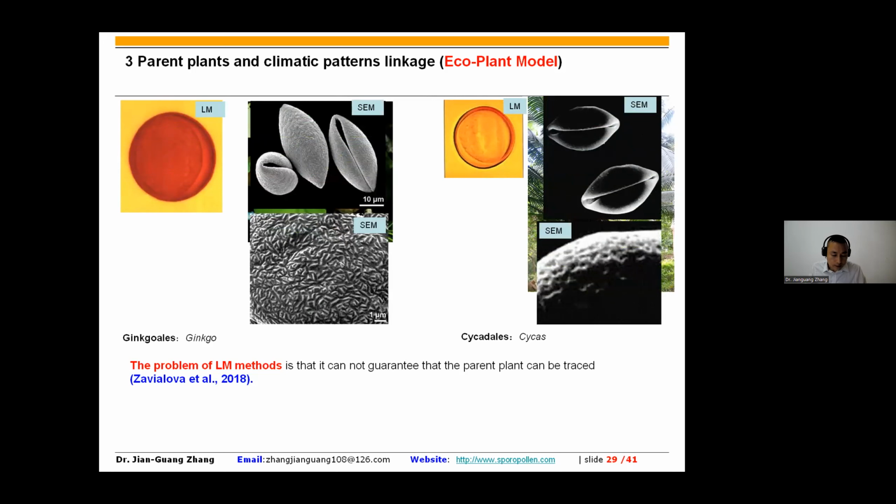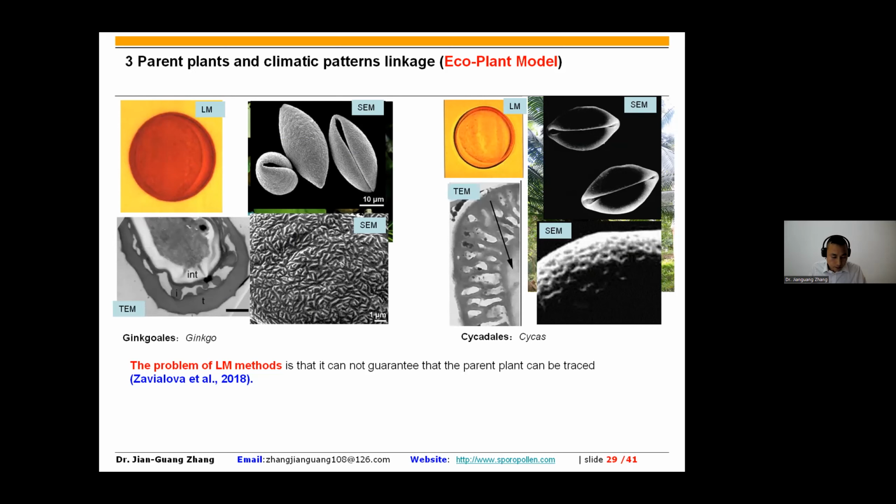Under scanning electron microscope, you can see some differences. Under transmission electron microscope, their differences are remarkable. So in most cases, high-resolution studies under scanning electron microscope and transmission electron microscope are needed.